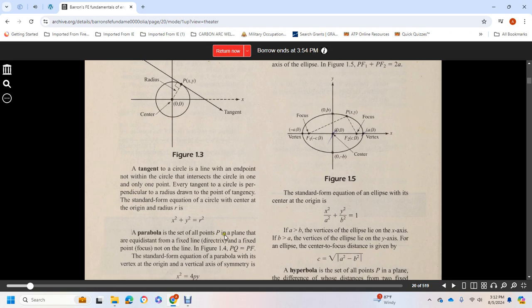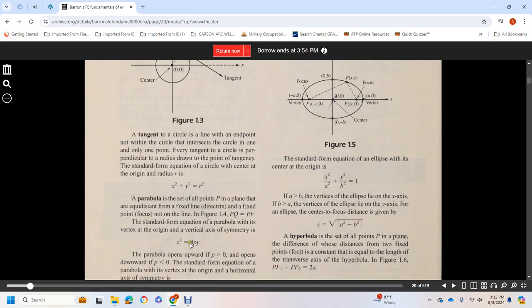A parabola is the set of all points P in the plane that are an equal distance from a fixed line, the directrix, and a fixed point, the focus, not on the line. In figure 1, the distances PQ and PF are equal. The standard form of the equation of the parabola with its vertex at the origin and vertical axis of symmetry is x squared equals 4py. The parabola opens upward if p is greater than 0, and opens downward if p is less than 0.